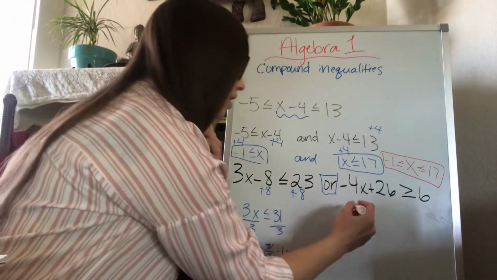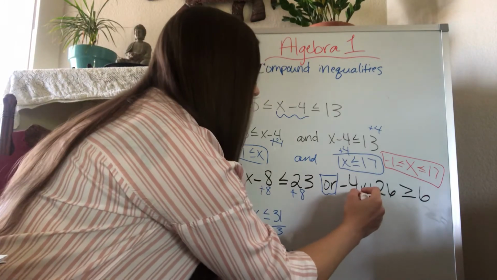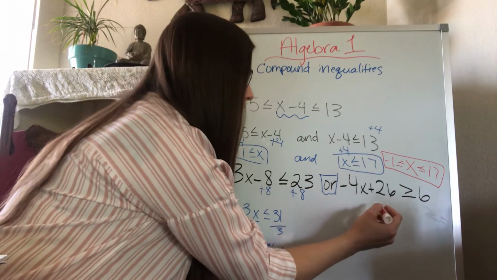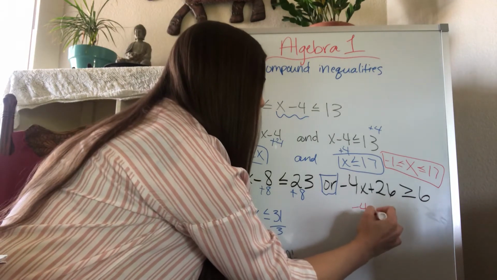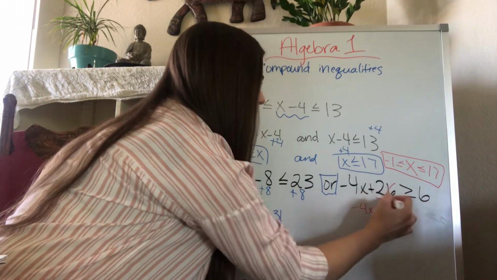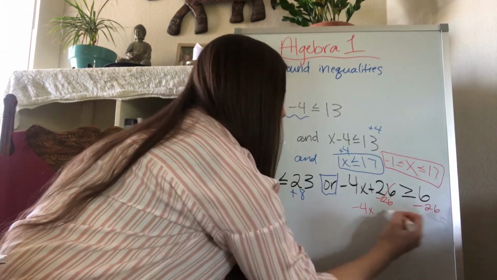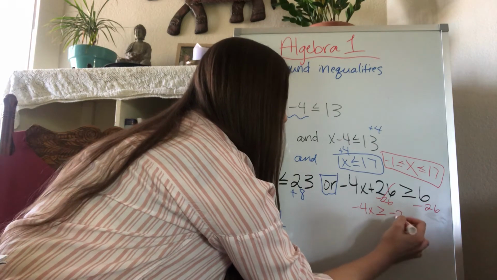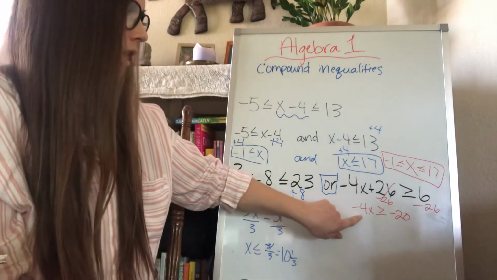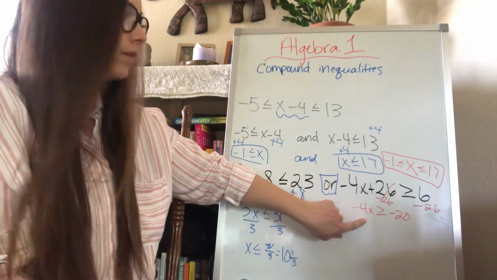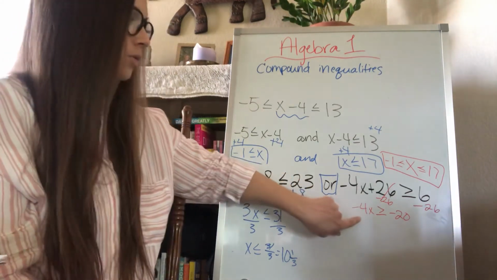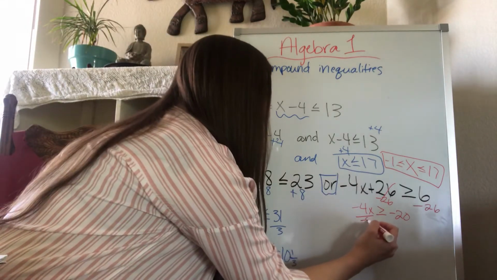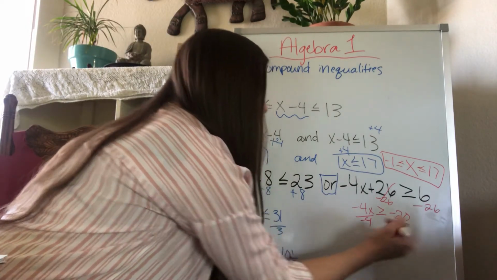Okay, this one, when I solve the second half, I'll show you how that looks. So now we're on this side of our or. -4x plus 26 is greater than or equal to 6. We'll keep our variable on this side and subtract 26 from both sides. So -4x is greater than or equal to -20. Okay, now to get that variable by itself, we have to divide both sides by -4. But since we're dividing the inequality by a negative number, we flip our inequality.